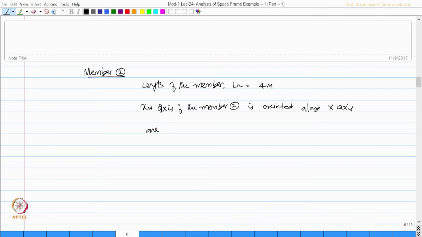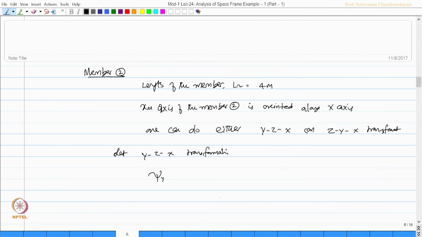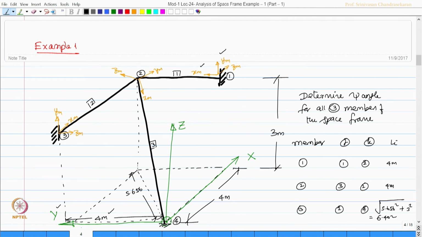So, one can do either y z x or z y x transformation. Let us consider y z x transformation. So, I will now compute psi y which will be the angle between ym and y axis. Let us see that ym is vertical, y axis horizontal. So, the angle is going to be 90 degrees.